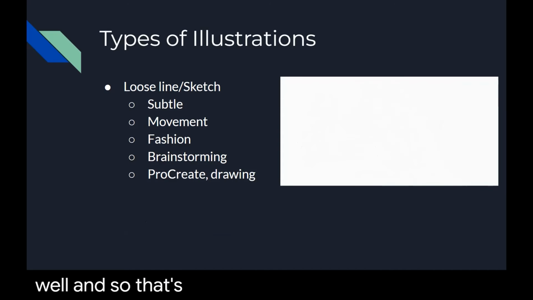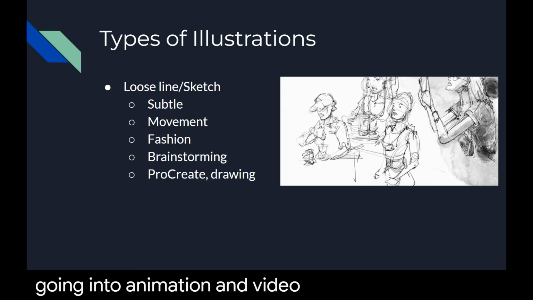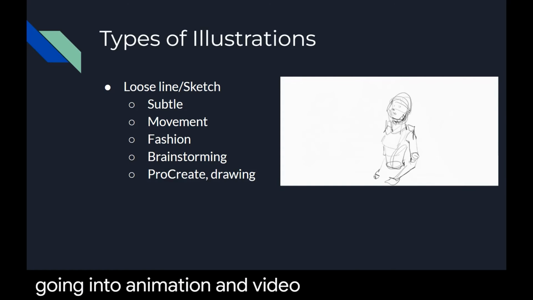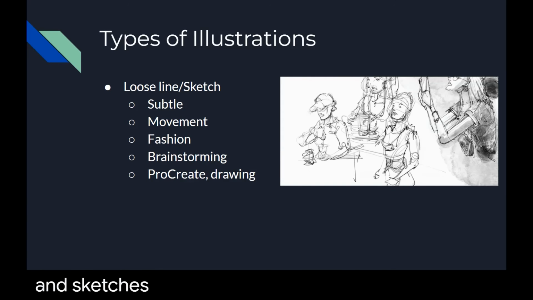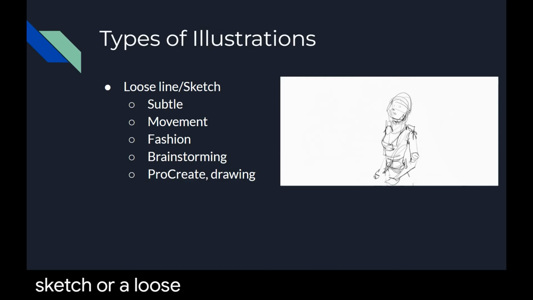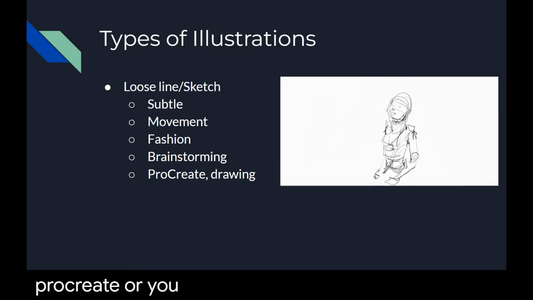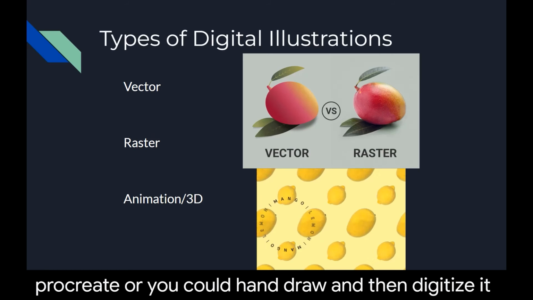And so that's something to consider if you're going into animation and video illustration, then knowing how to do loose line and sketch is very important. Again, you could create a sketch or a loose line illustration in a program like Procreate, or you could hand draw it and then digitize it.